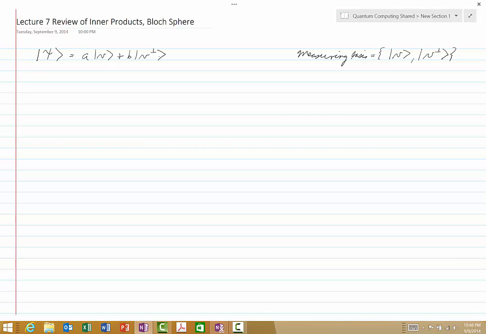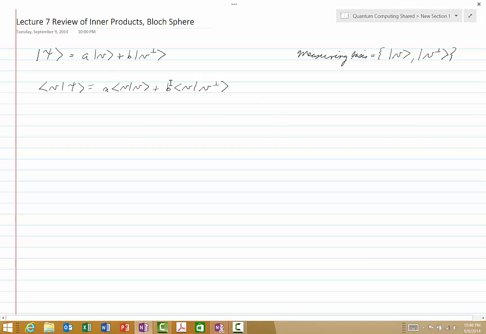And then if we take the inner product of both sides with V, we will get this equation, and then from that point we reason as follows.